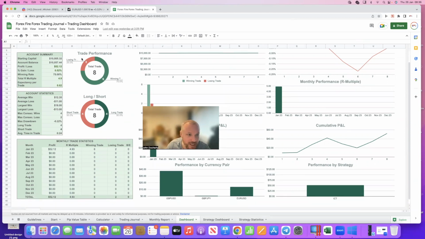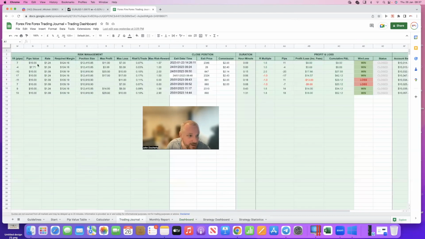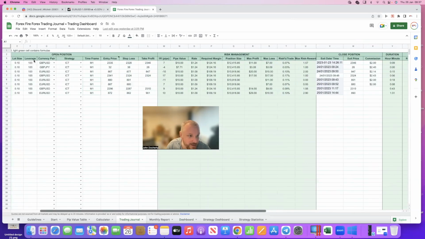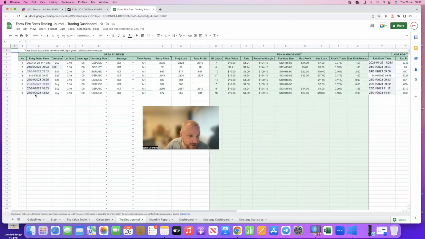We've gotten 8% within 8 trades, and not only that, we've done it from the 23rd to the 25th. So that's 1, 2, 3 days. We would have gotten a phase 1 pass within 3 days. Now that's fantastic.